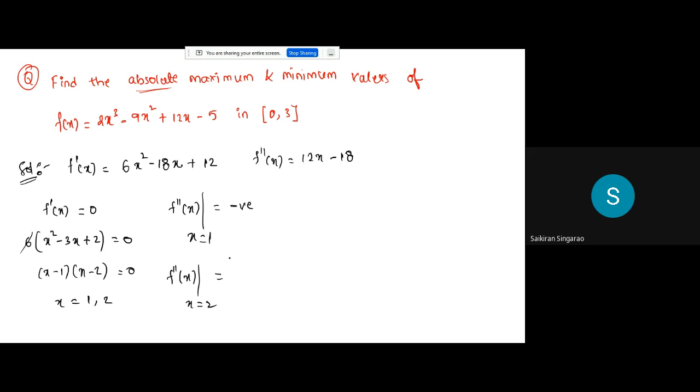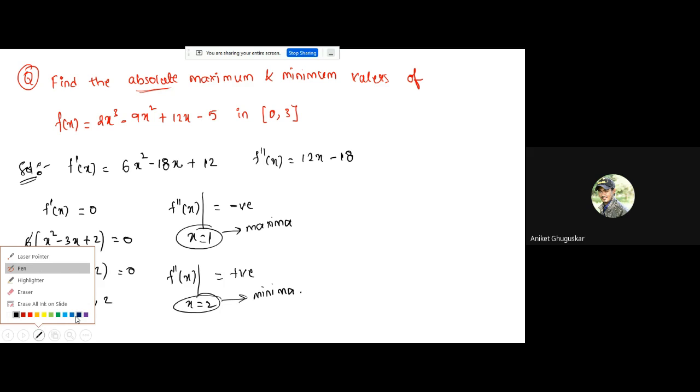It is coming as 24 minus 18. It's a positive value. Therefore, a negative value means it becomes a maxima, and a positive value becomes a minima. Now, what is he asking? He is asking you to find the absolute maximum and minimum values, right?